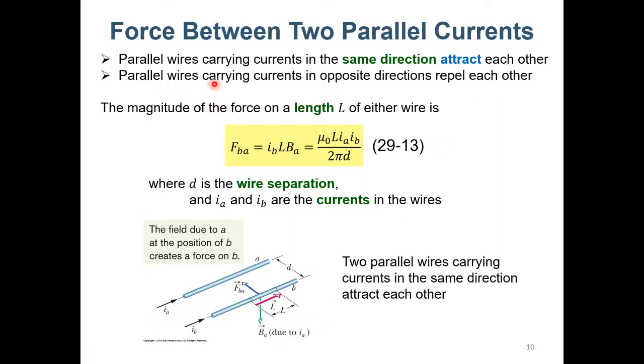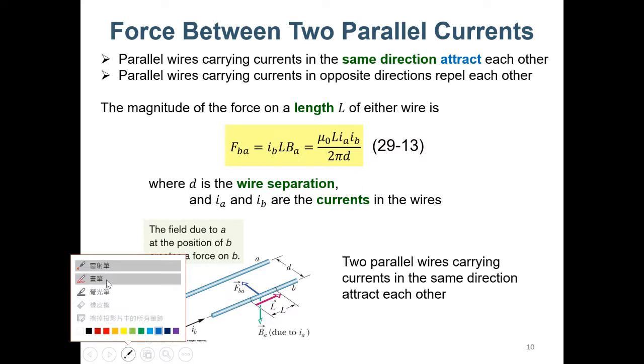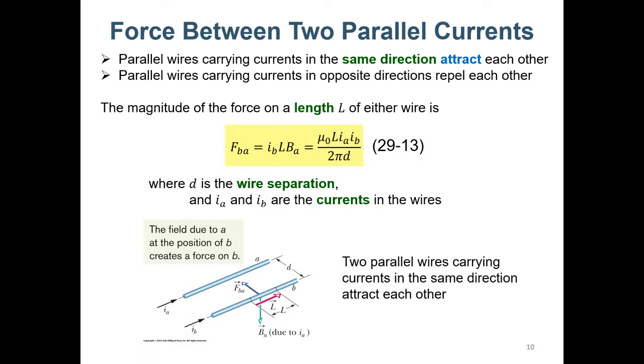For the second statement, it says that if IB goes in the other direction, so this is IA and this is IB, then these two wires will repel each other.